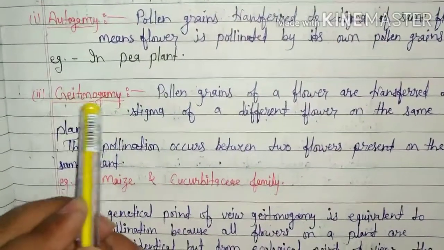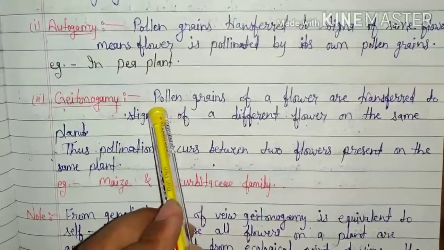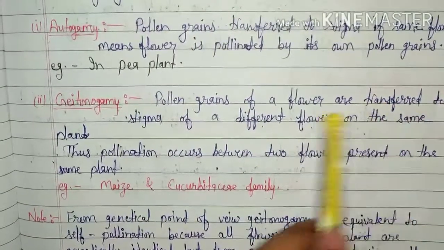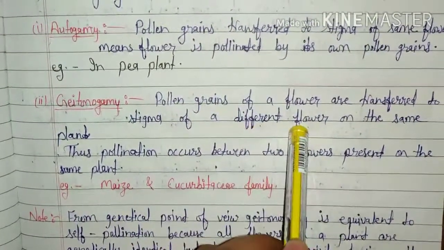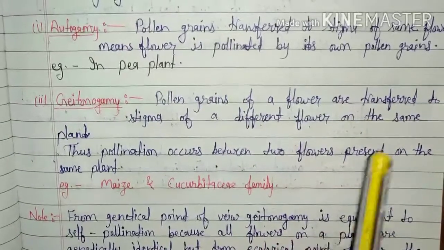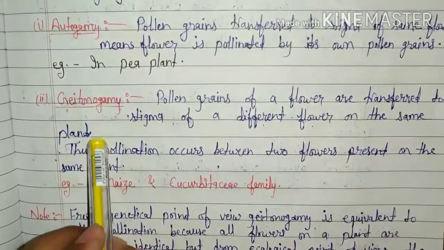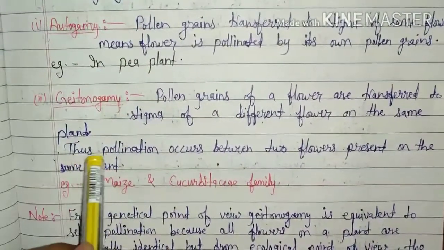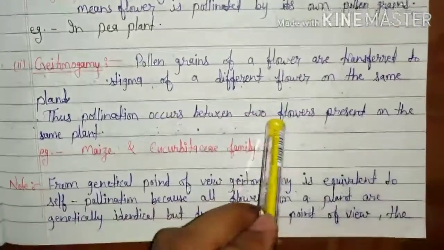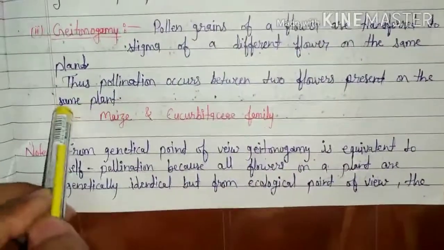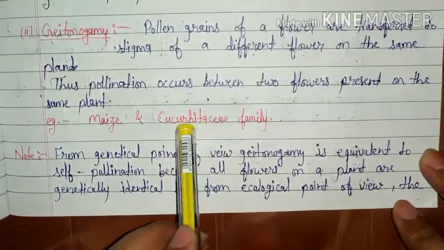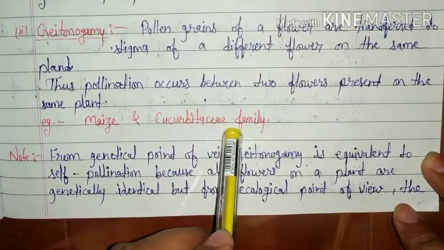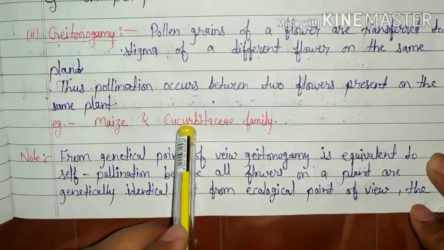Second, geitonogamy. When pollen grains of a flower are transferred to the stigma of a different flower on the same plant, this type of pollination is called geitonogamy. Thus, pollination occurs between two flowers present on the same plant. For example, in Cucurbita plant flowers, it means Cucurbitaceae family members like cucumber.